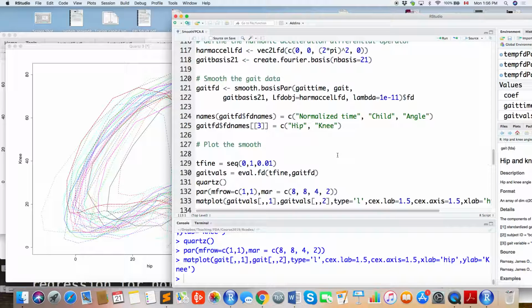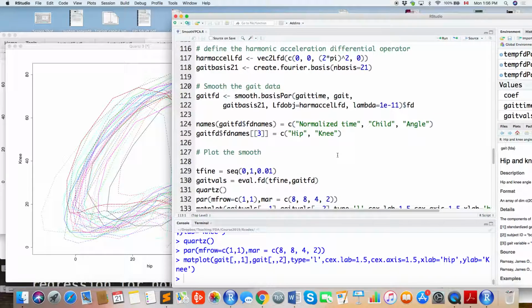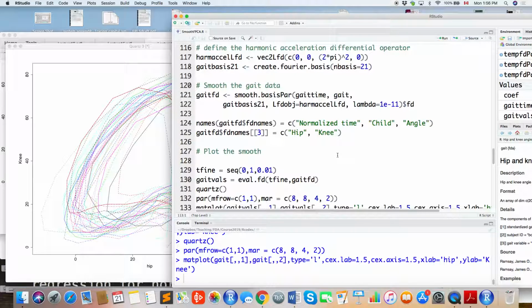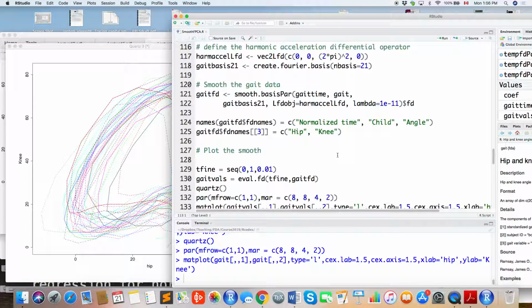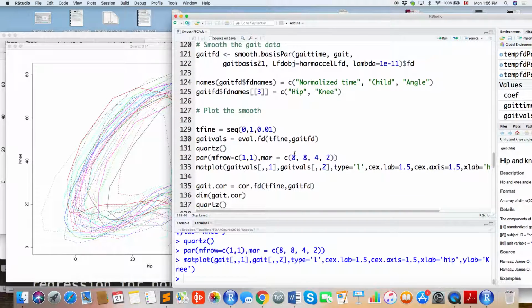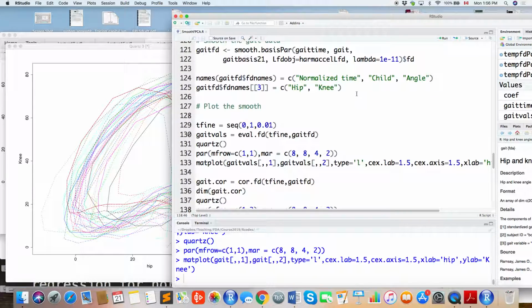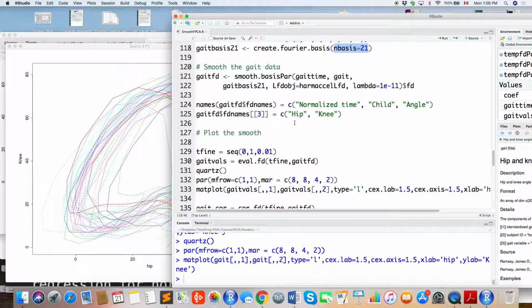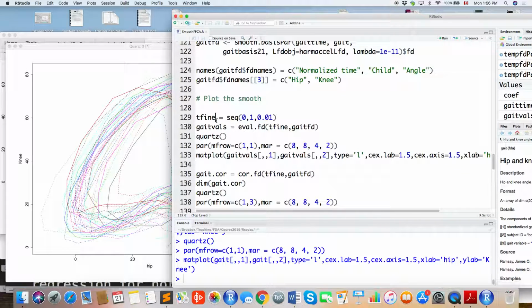Do you know the reason for that? I guess the reason is that here we're only using 21 basis functions, so there are not many basis functions when bending these curves. So even with a small value for lambda, we already get a pretty smooth estimation of the curves.